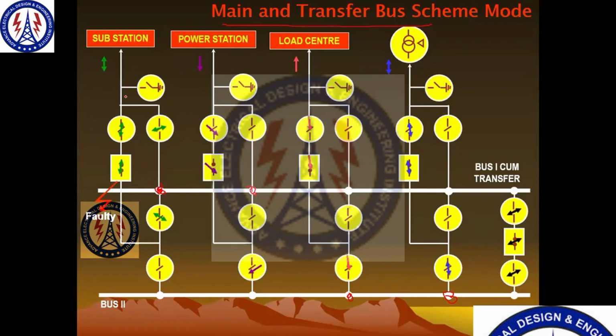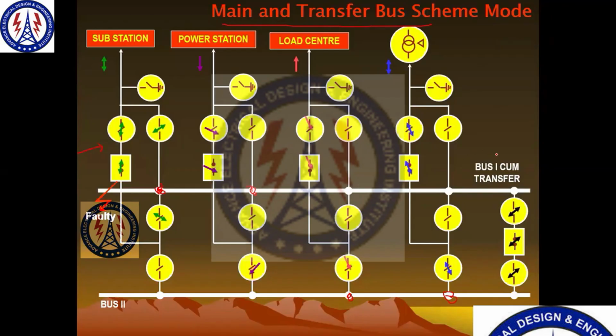In that case, we are giving preference to the feeder by connecting this isolator. So when you have this connection, you just bypass this faulty circuit breaker and you can connect it. So this is how we can achieve it. So bus 1 became your bus.